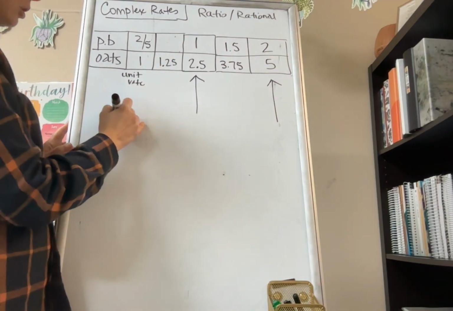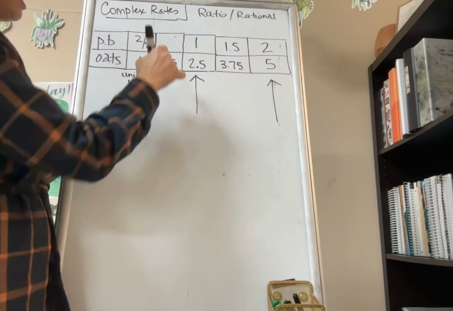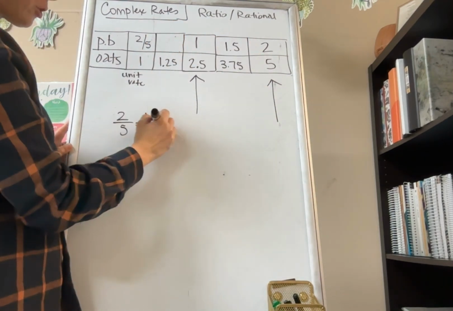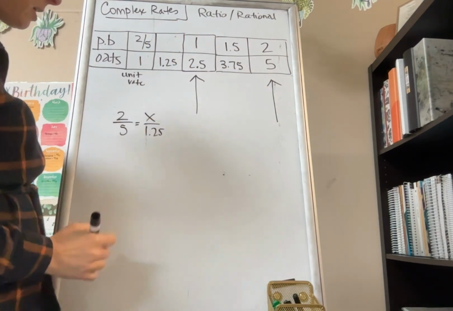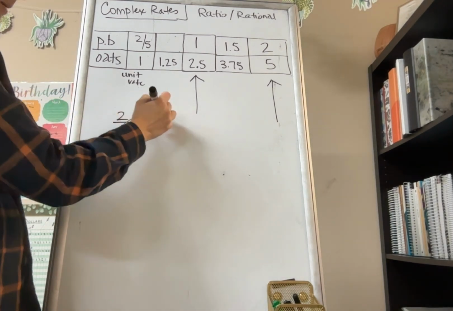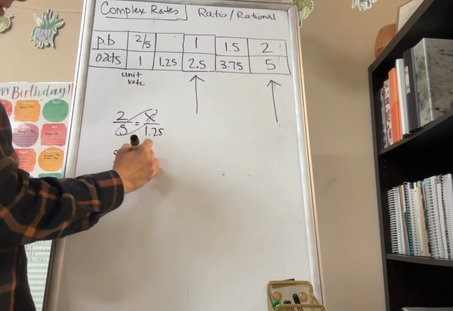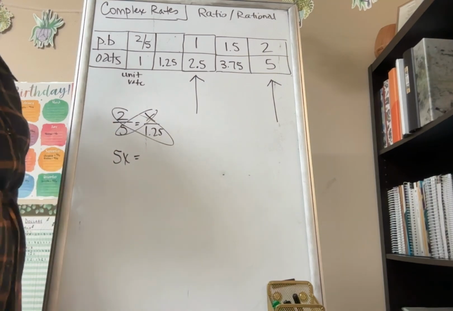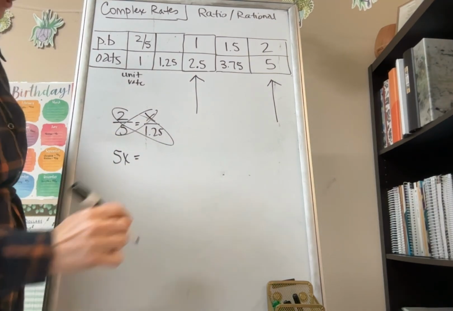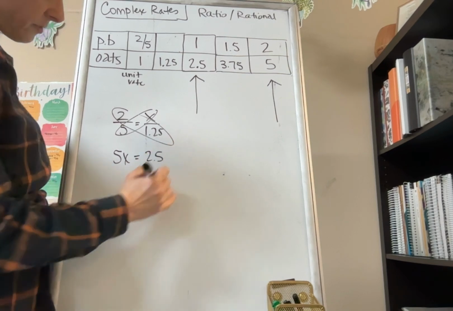I've got 2/5, and I'm going to compare 2/5 to x over 1.25. Okay, so I'm going to use cross products. 5 times x makes 5x, and then 2 times 1.25 makes 2.5.